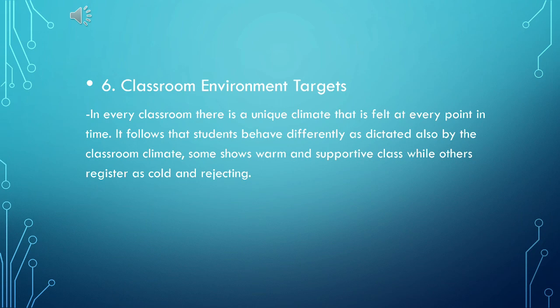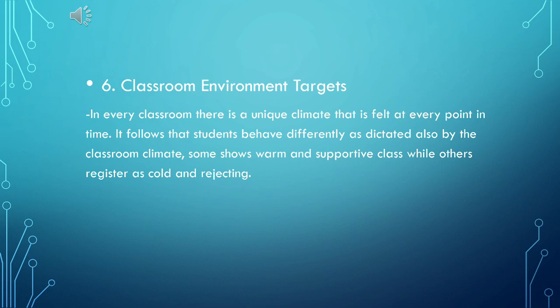Now, third is task orientation, the extent to which classroom activities are focused on the completion of academic tasks. Next is the cohesiveness, the extent to which students share norms and expectations. Next is the favoritism, whether each student enjoys the same privilege.